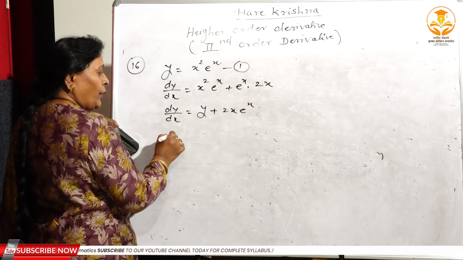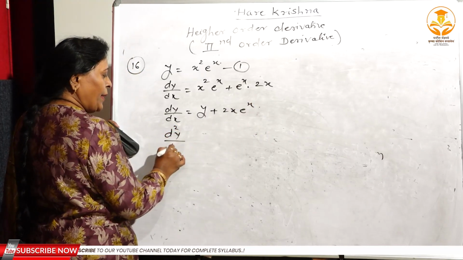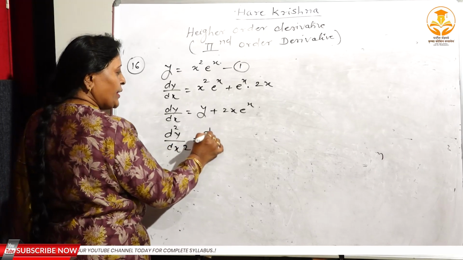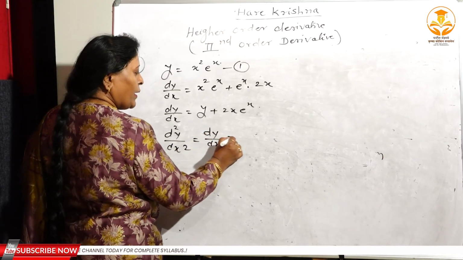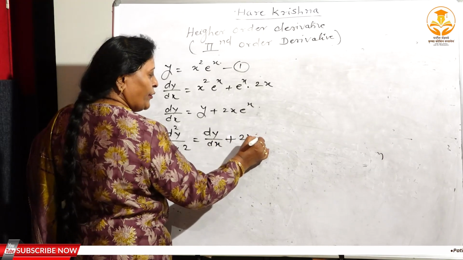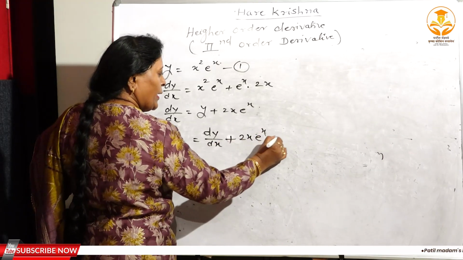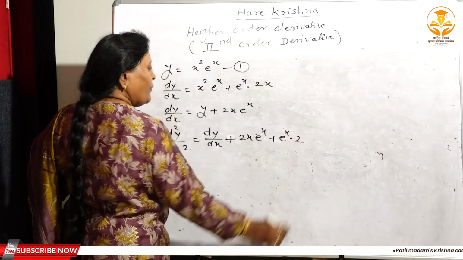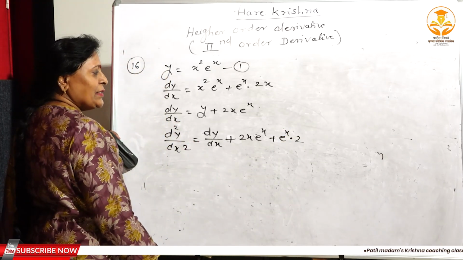Now differentiate: d2y divided by dx square. This is dy by dx. Again apply the multiplication rule. 2x remains as it is, the derivative of e raised to x is e raised to x. e raised to x remains as it is, the derivative of 2x is equal to 2.